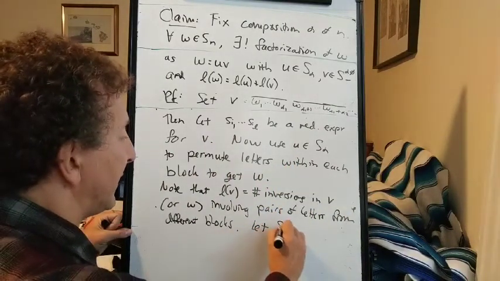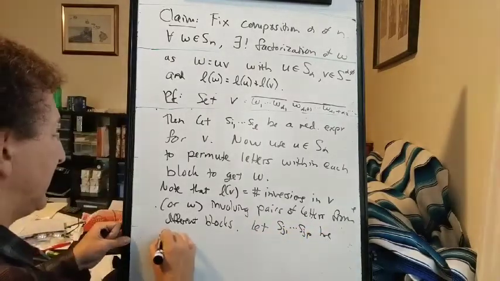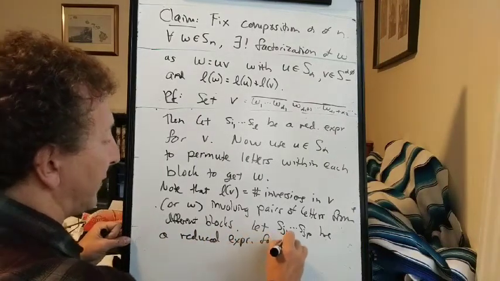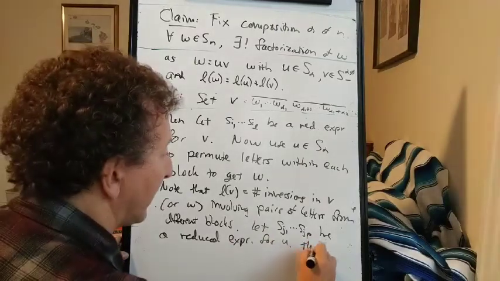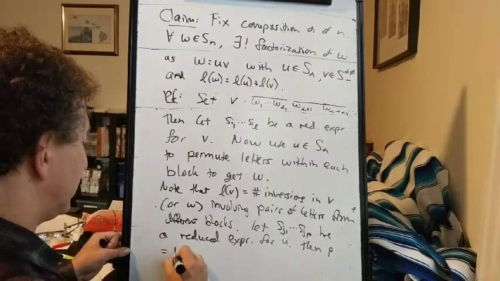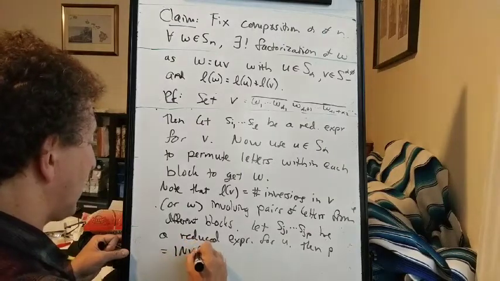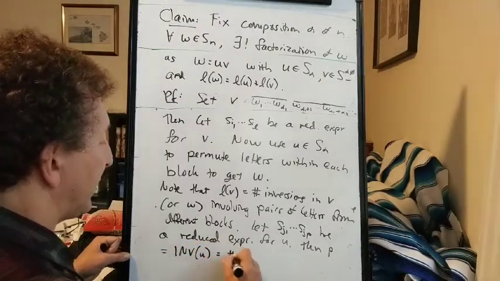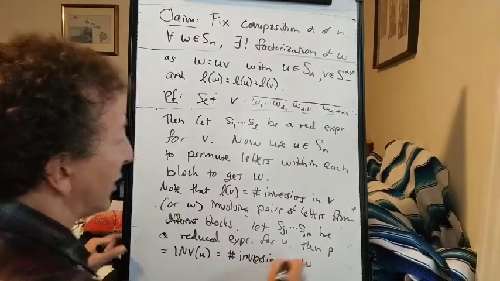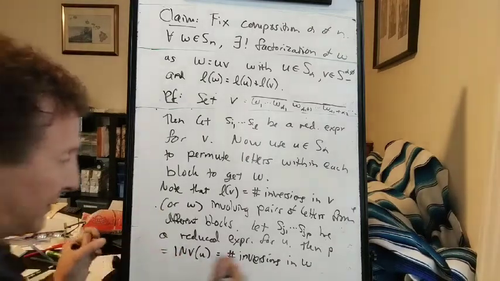Let S_j1 through S_jp be a reduced expression for U. Then this number p is the number of inversions in U. And it's also the number of inversions in W involving pairs of letters in the same blocks.